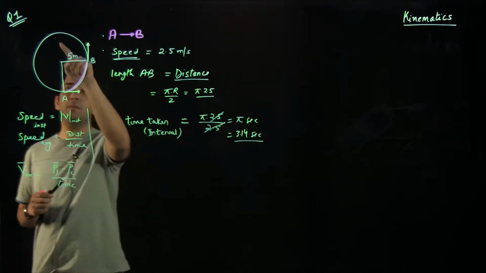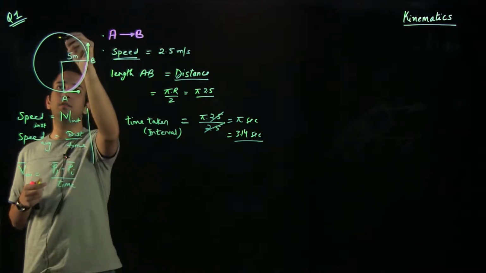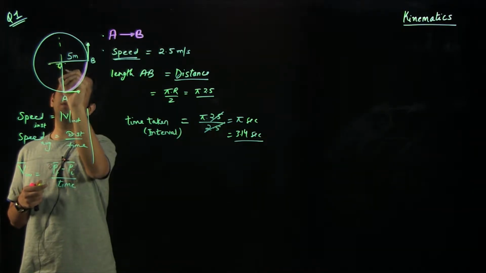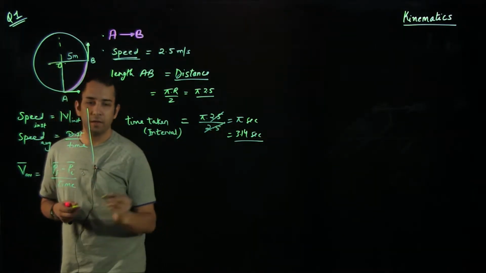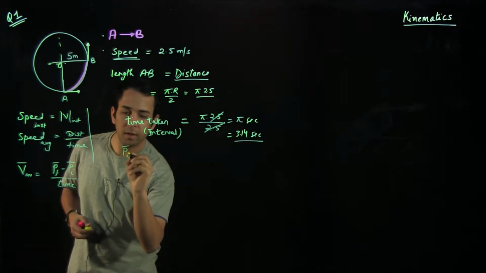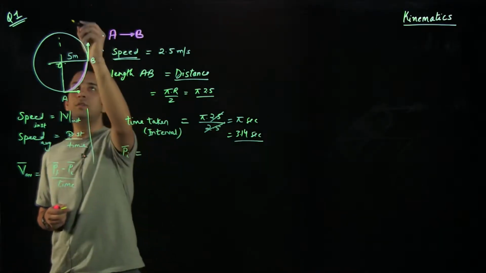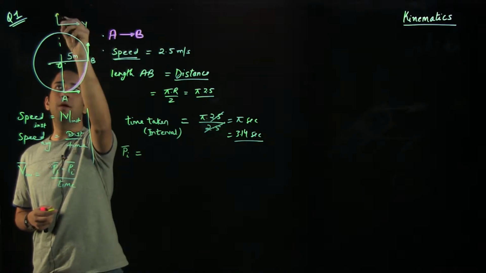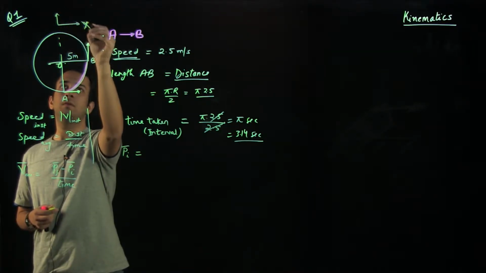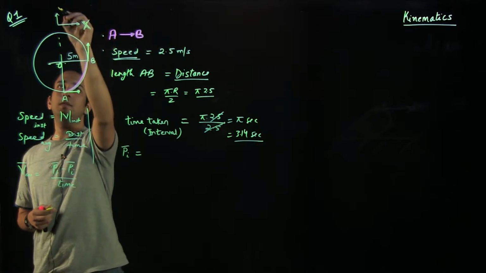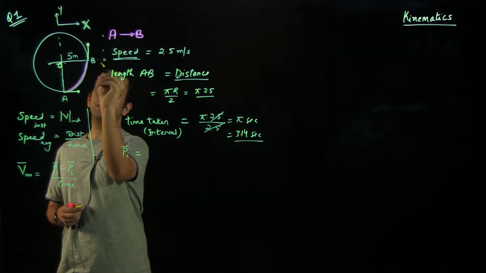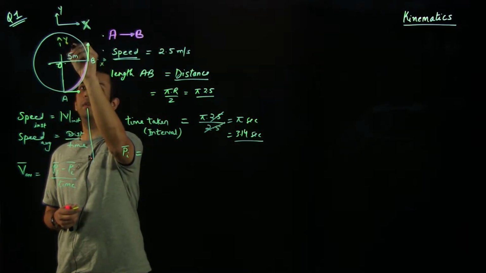If I consider this to be my origin, so this is O, the center of the circle, then I can define the initial position of the particle in vector form. I am considering this to be my coordinate system: this is x and this is y, with the origin here. So x is along this way and y is along this way.